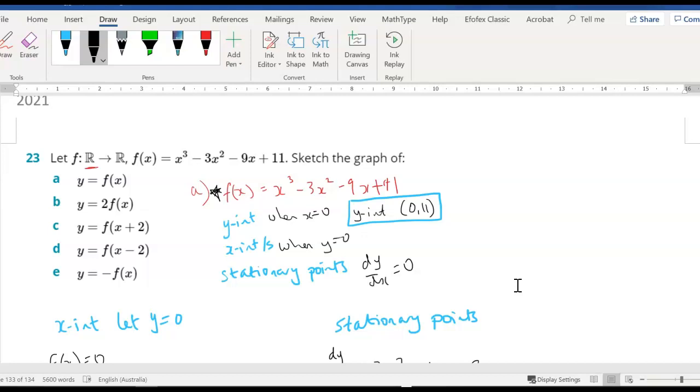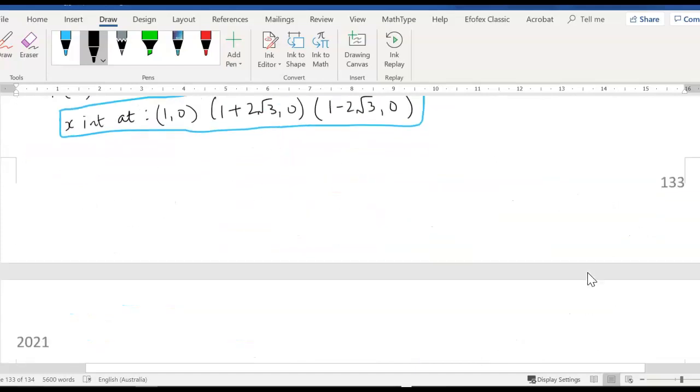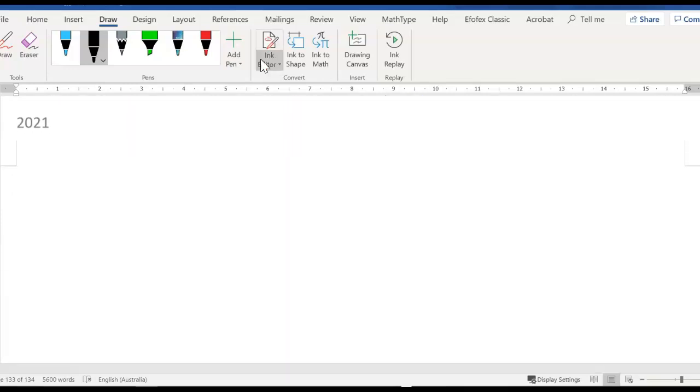Okay, so for B, C, D, and E, you don't need to go ahead and do the function, or sorry, expand. What am I doing? Substitute the value in. So for question B, we've got y equals 2 times f of x.